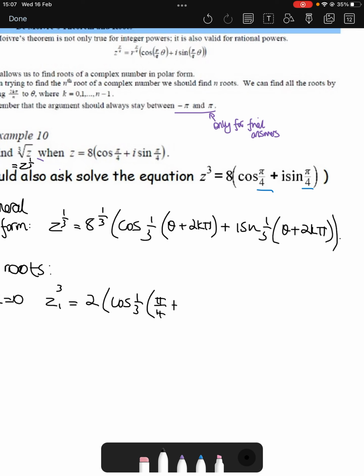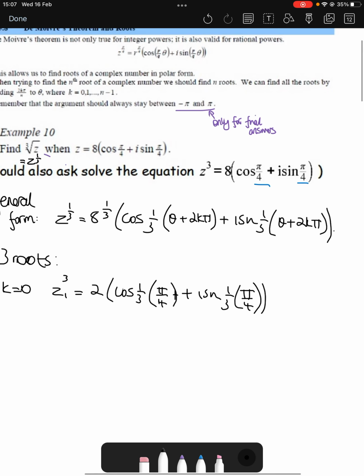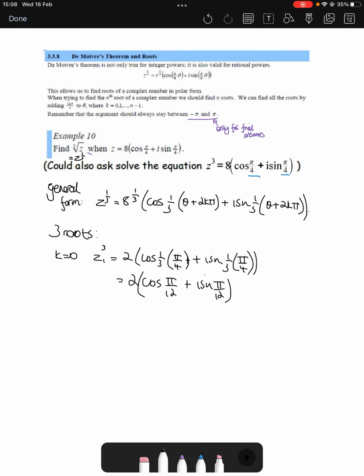Obviously that second term is just going to be 0, plus i sine of a third of pi over 4, which is 2. Cos of, a third of that is pi over 12, plus i sine pi over 12. So that is your first root.